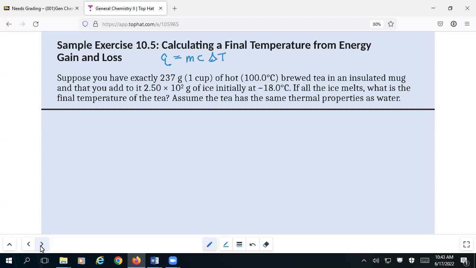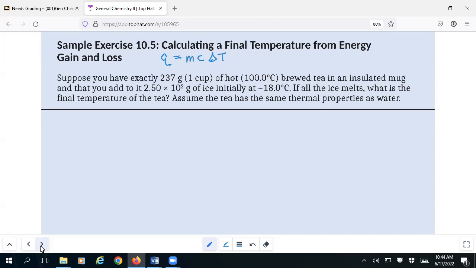Now, what we have here is a heat transfer problem. Let's say that we have 237 grams, 1 cup of hot brewed tea, hot being 100 Celsius, so really hot, in an insulated mug that we add 250 grams of ice to.